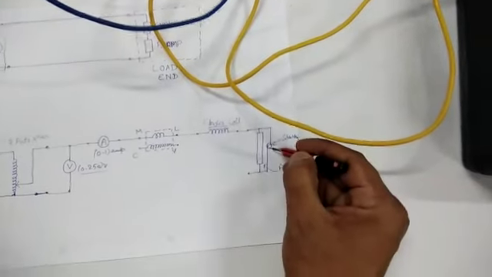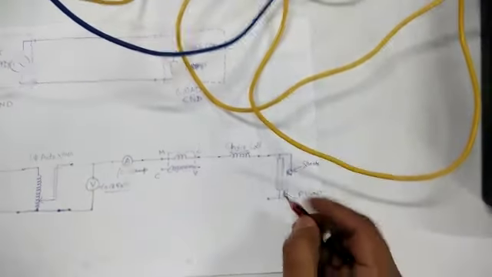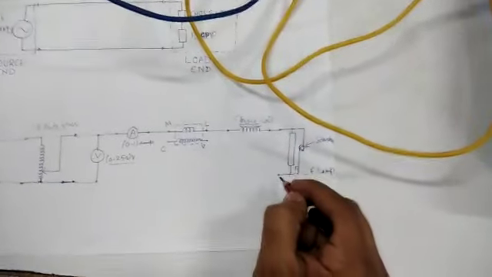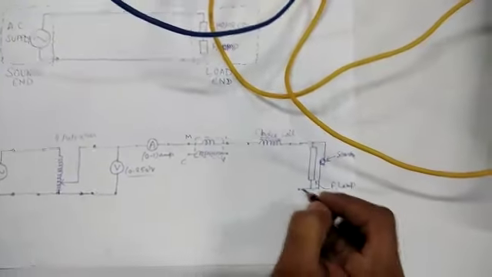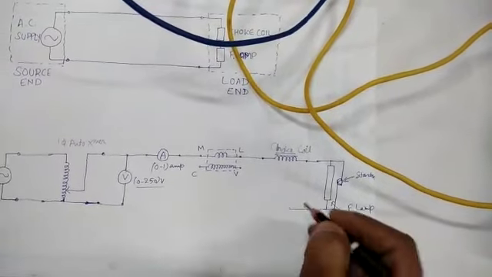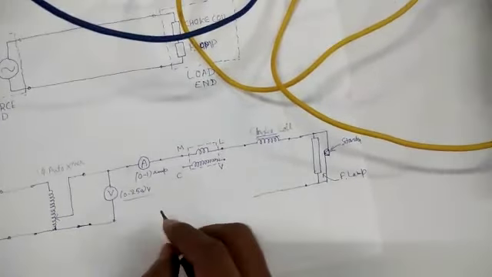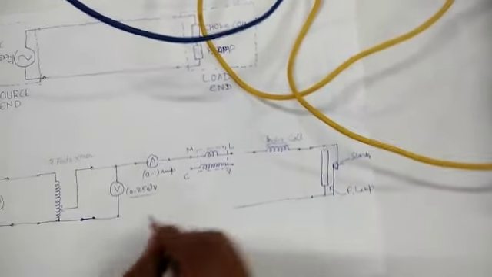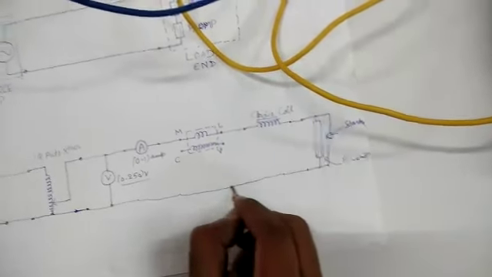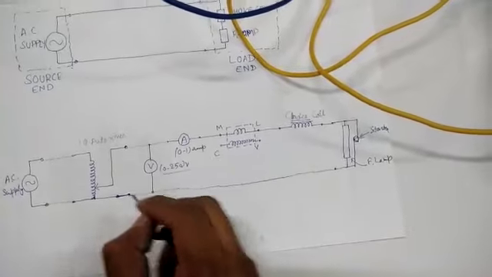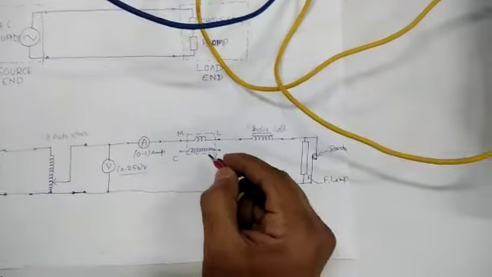Fluorescent lamp is connected across starter, and the other terminal of this fluorescent lamp will be connected to this returning point of the source, and we have one more connection left, which is potential coil of this wattmeter.